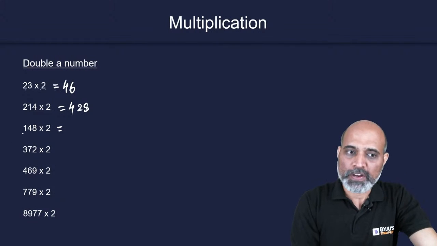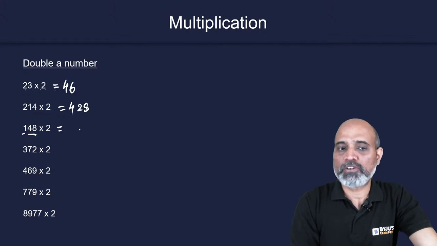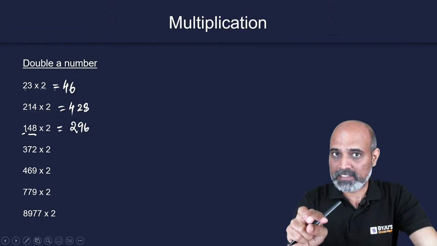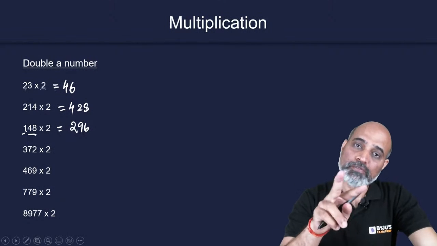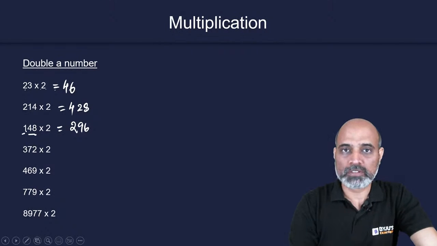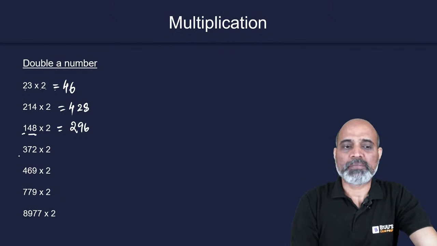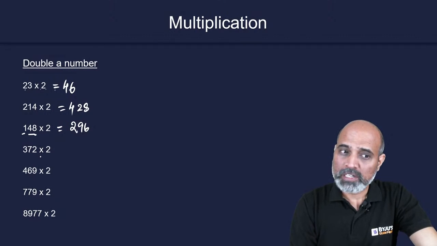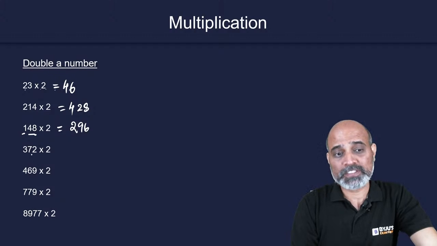So it's better if I break it down smartly. Double of 1 is going to be 2 and double of 48 is going to be 96. So as many digits as I selected, उसका जो double है वो भी उतने ही digit का है. So I don't have to worry about carryovers. Okay. For example, double of 37, double of 2 करूं, या double of 3, double of 7, double of 2.